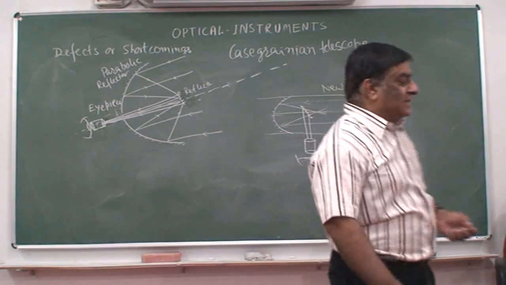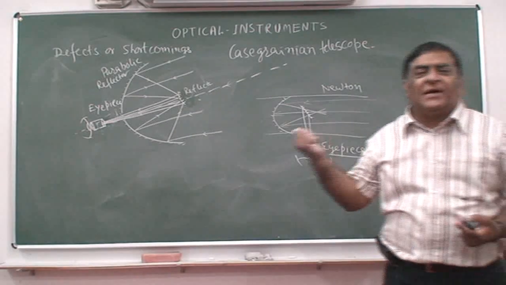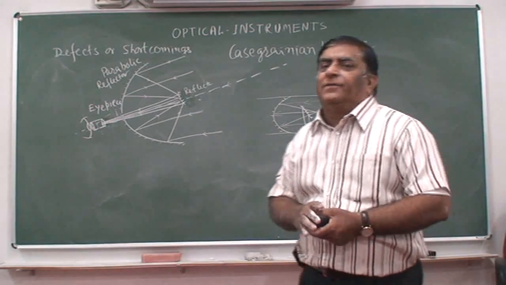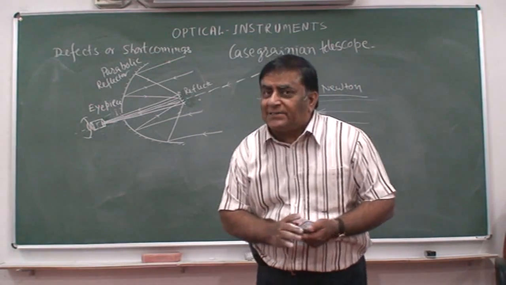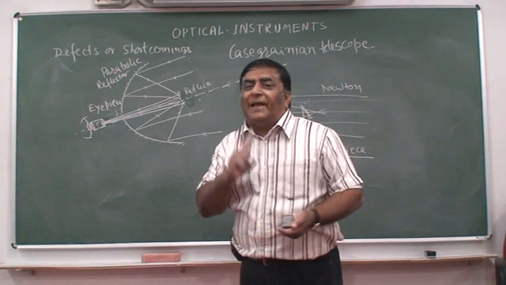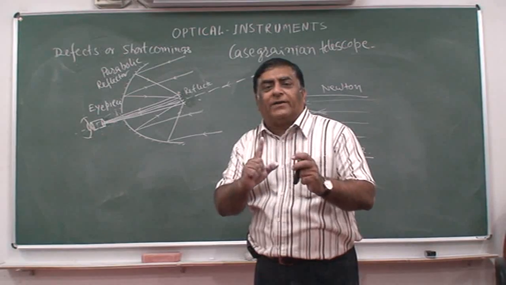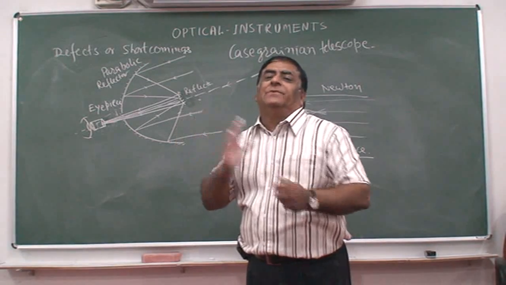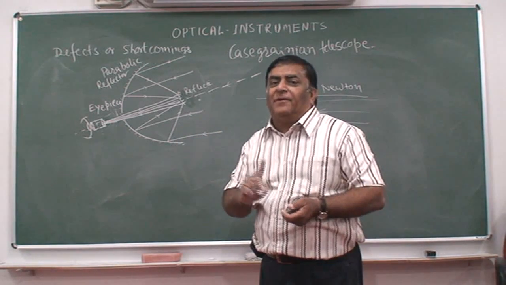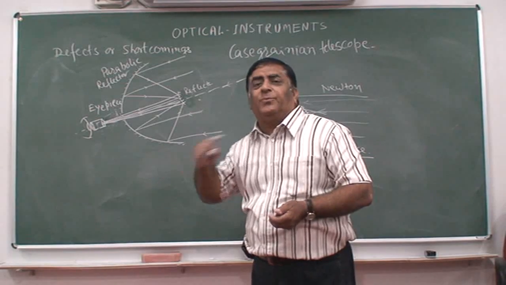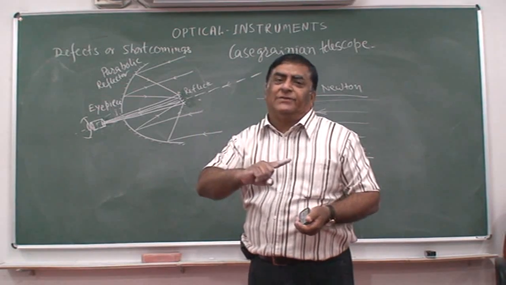So these are reflector type telescopes. What is the question asked in this? The question asked in the examination is, what are the benefits of reflector type telescope over refraction type telescope?